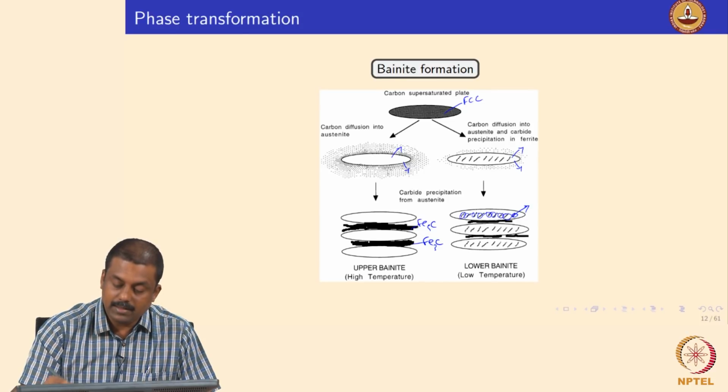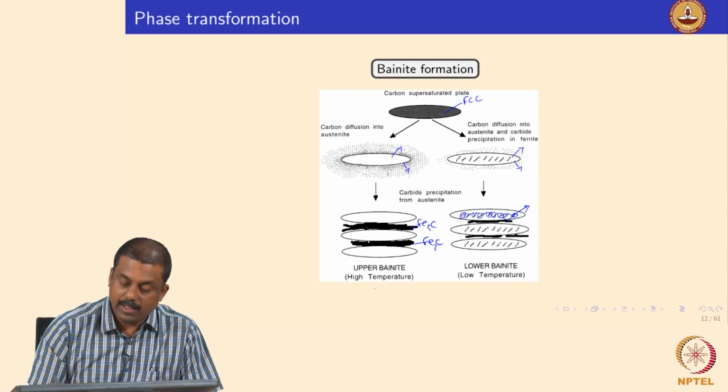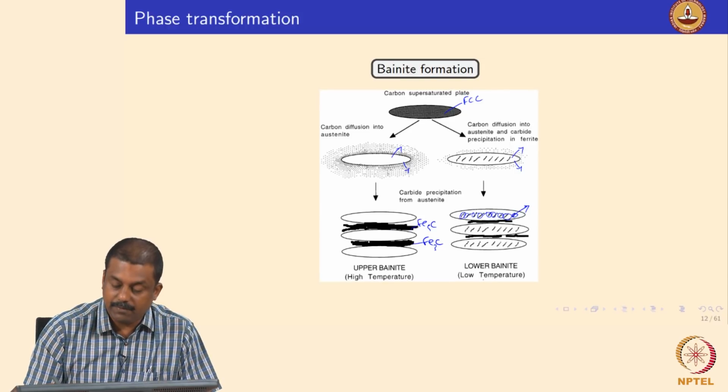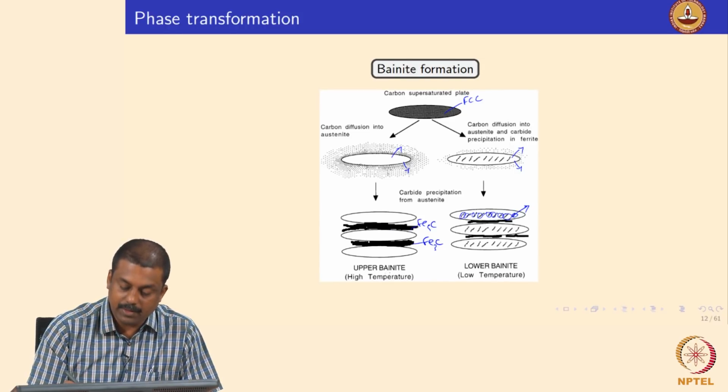Okay. And based on these formation mechanisms, we can form two types of bainite. One is the upper bainite, where you have complete partitioning of carbon from the formed ferrite into the adjoining austenite, and you end up nucleating cementite between the two interlath ferrite.